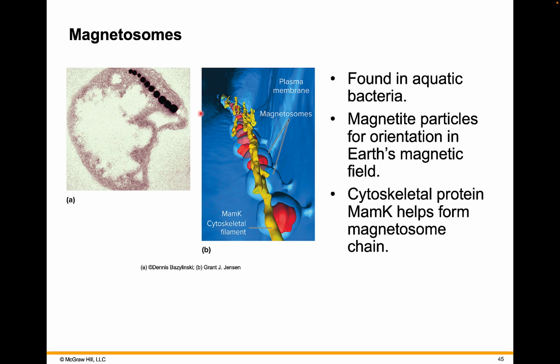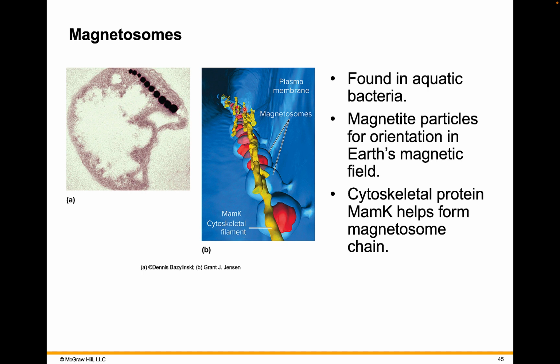Also, along with that, there are some bacteria called the magnetotactic bacteria, and these are found in some of the aquatic bacteria, both in the northern and in the southern hemisphere. These magnetosomes are made up of magnetite, and they orient along the Earth's magnetic field. And there is MamK, which is another cytoskeletal protein.